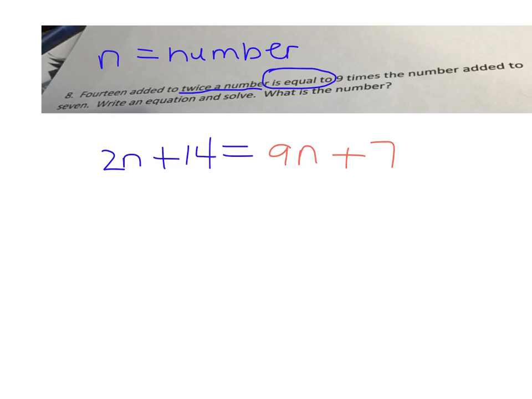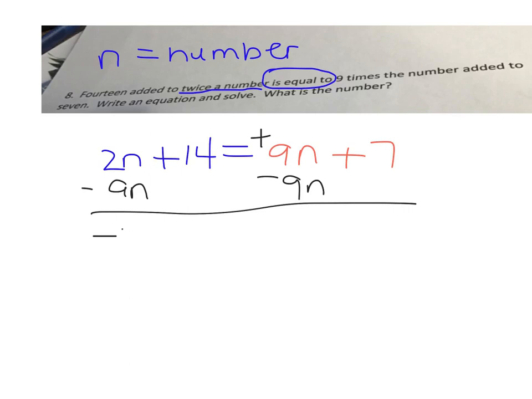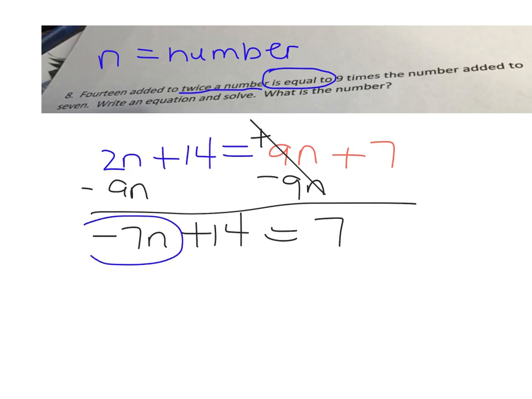All right, here's our equation. We're ready to solve it. Again, we have no distributive property. We have no fractions. We have no combining like terms, but we do have variables on both sides. So I need to move the variables to one side. So I'm going to subtract 9n from both sides, because that's a positive 9n there. 2n minus 9n is negative 7n, plus 14 equals, over here I have a 7 left. Okay, I am ready to isolate my variable.